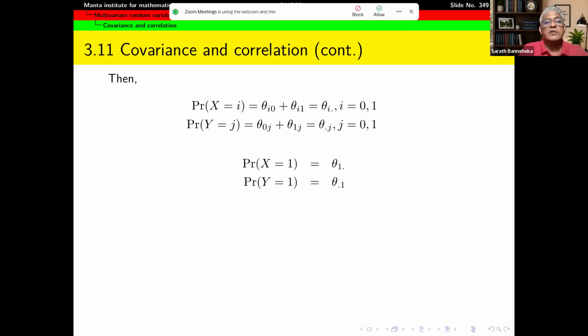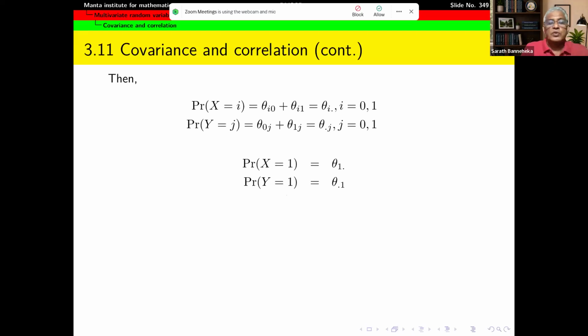We see that x can take only two values, 0 and 1. Therefore, x is a Bernoulli random variable with probability of success, that is the probability that x equal to 1, being theta 1 dot. And similarly, y is a Bernoulli random variable with probability of success equal to theta dot 1, that is the probability y equal to 1.